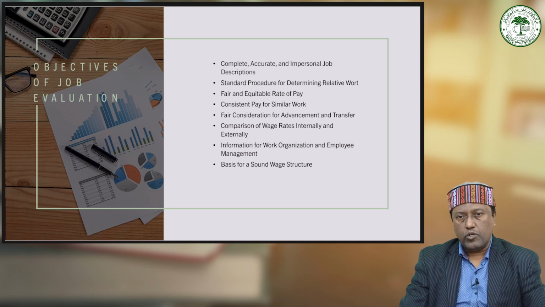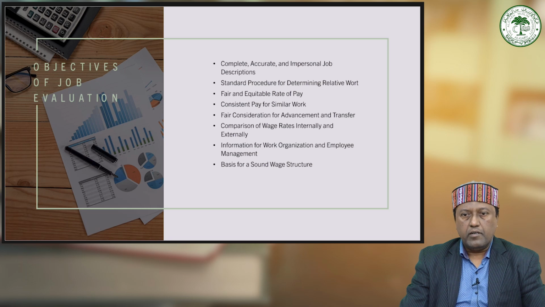Next, more important objective is fair and equitable rate of pay. The primary goal is to determine a rate of pay for each job that is fair and equitable concerning other jobs within the organization, the local community, and the broader industry. Next, more important objective again, consistent pay for similar work.